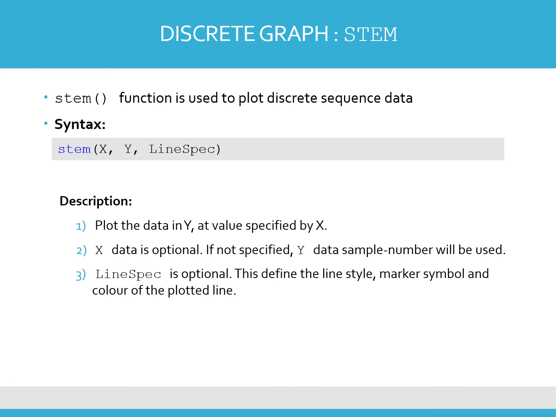The first one is stem. The stem is basically almost the same. You need to have the x data, y data, and the line specification. But the stem is for discrete graphs. I will show you after this.